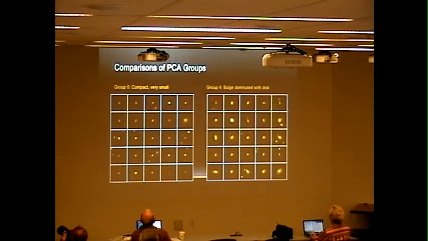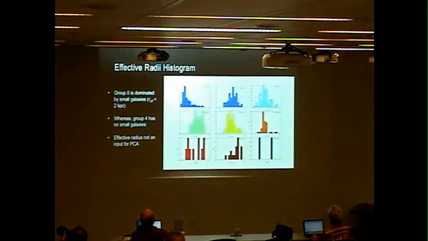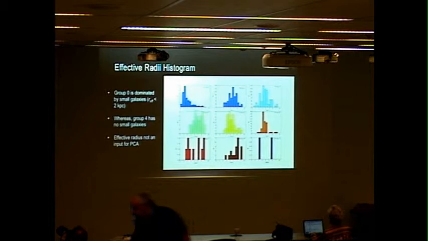They both have a strong bulge component, but in group 4 a lot of them also have a slight disk, so they're larger than group 0. Then there's also group 2, which is in between group 0 and group 4. A bunch of these are really small, but then there are also some that have disks as well. So just to compare, to show, yeah?